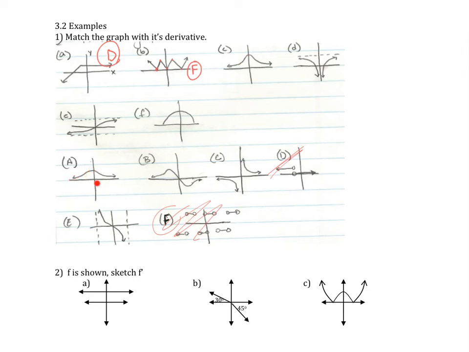Horizontal increases, but I need to be at 0. So, right, this is a horizontal tangent, this increases, but I need to be at 0. So that one is out. This one is out. The only one it can be is this one, because 0, increase slope, back to 0. Decrease slope, back up to 0.